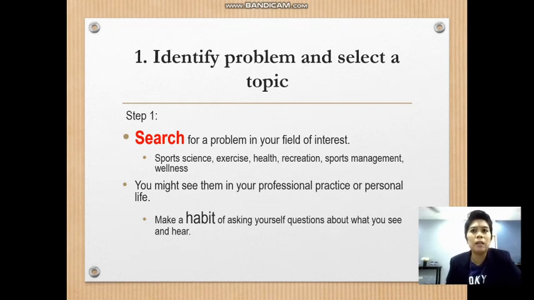Oh, I think it's dealing with skill-related fitness; lower body power is insufficient, so that injury might happen. Oh, that's a problem. Then you can search for it, read for it, so that it can support the issue that you are trying to raise based on your field of interest. So you can make it a habit of asking yourself about what you see and hear. I hope you can get what I'm trying to say.